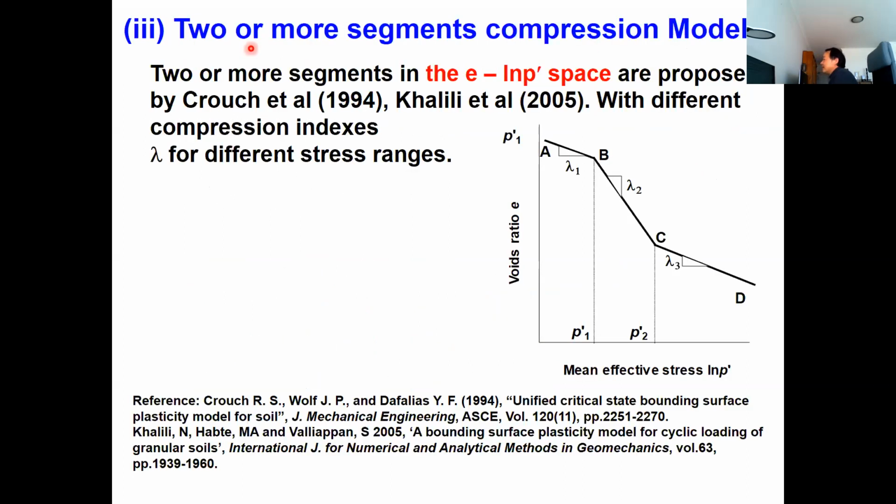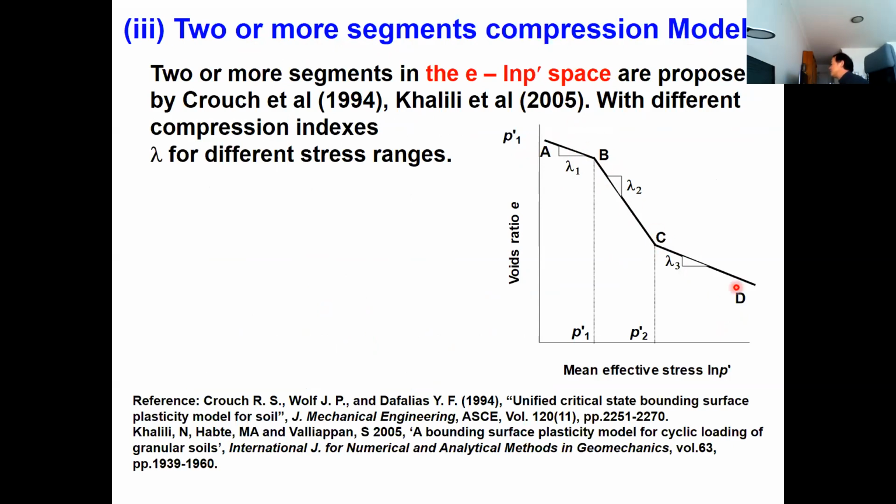Now, for further development in the compression model, Skempton proposed a linear model, then other people made further development based on Skempton's work. They assume two segments. So instead of one line, you use A, B, B, C, two lines to represent the soil compression behavior.